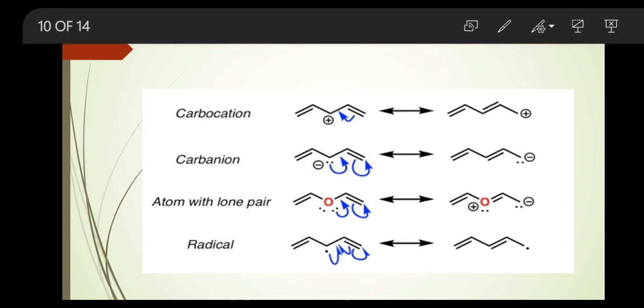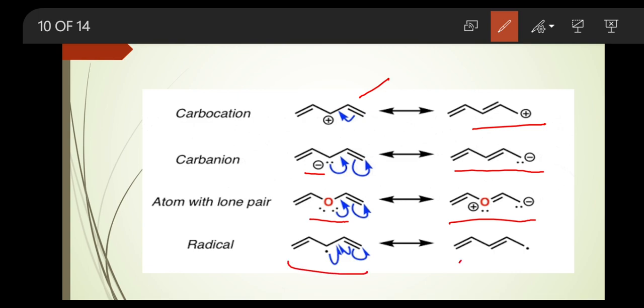So here in the carbocation, this pi bond is moving between the carbon having positive charge and the other carbon, and this positive charge is moving, and because of this movement we can say that it is a conjugated system. Here the carbanion having negative charge is also involved in resonance or delocalization to give a conjugated system, and here the electrons present on oxygen are involved in a conjugation, and here the radical single electron which is present on carbon is involved in this conjugation.